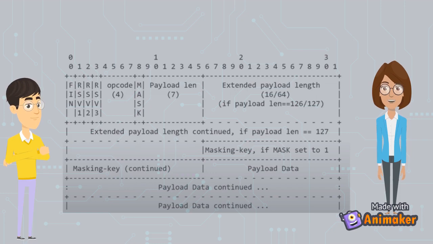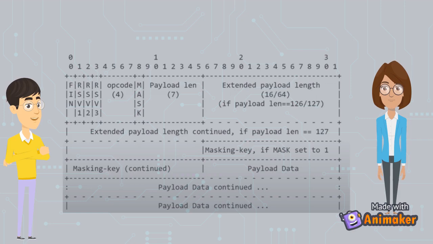In order to reduce overhead, a clever scheme is used to indicate the amount of transmitted data. If the amount of data is small, then for the length field only 7 bits are used, and if the amount of data is larger, then extra header bits can be used, and the data length field size can be 16 or 64 bits.